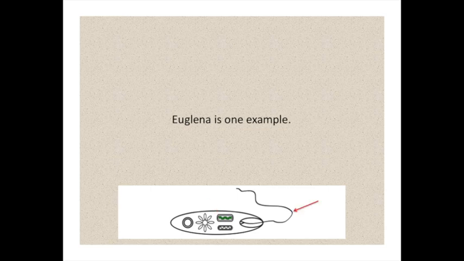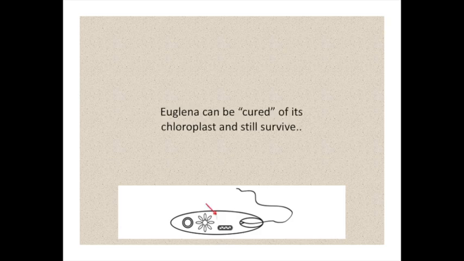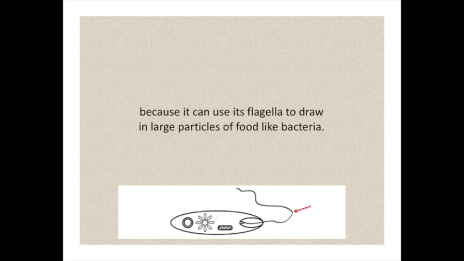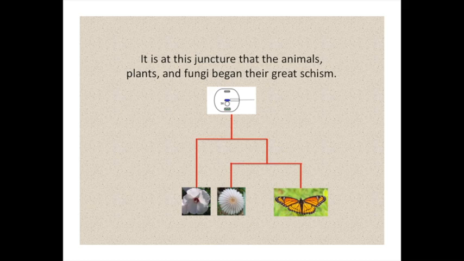It has a flagella that it can use to move around with, but it can also lose its chloroplast and become phagocytic, use its flagella to eat bacteria. It is at this juncture that the animals, plants, and fungi begin their great schism.